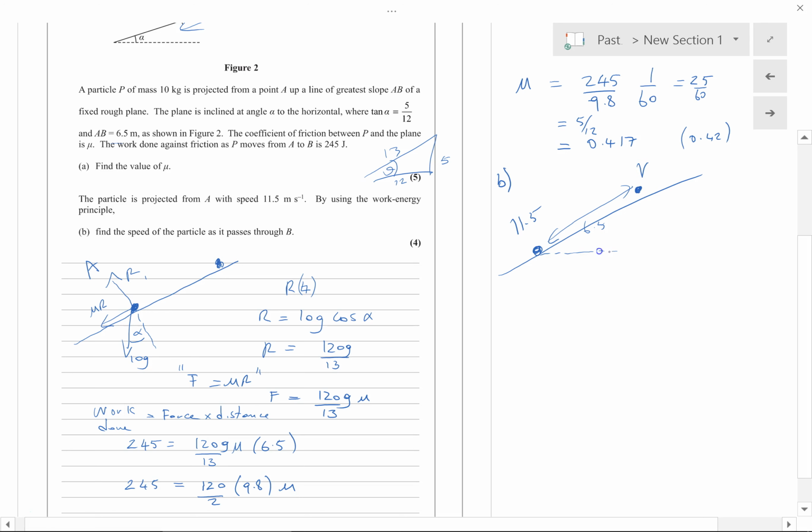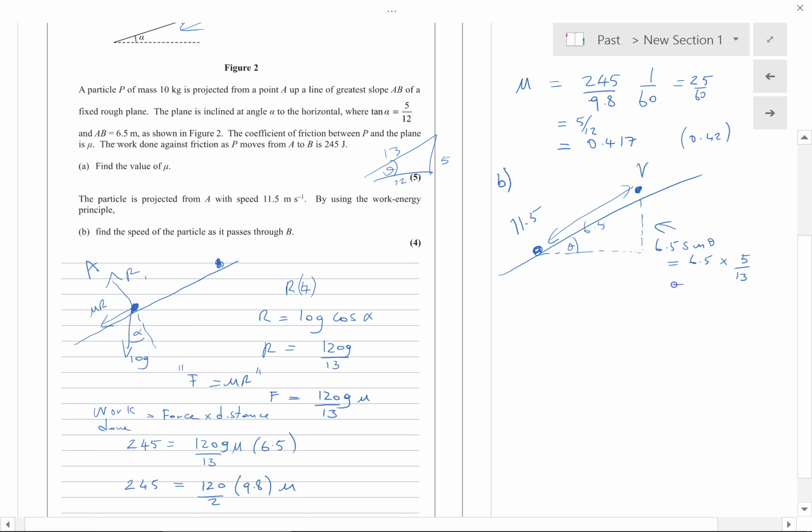Now, of course, we need this because it's going to involve gravitational potential energy. We know this angle's theta here, so this is 6.5 sine theta, which is equal to 6.5 times sine theta, which is going to be 5/13.